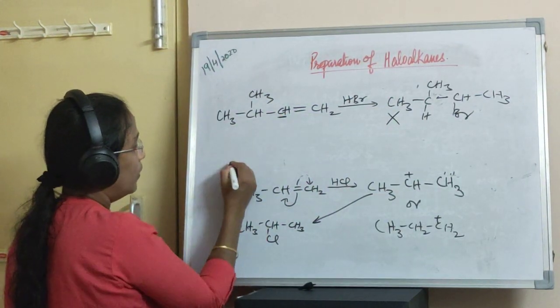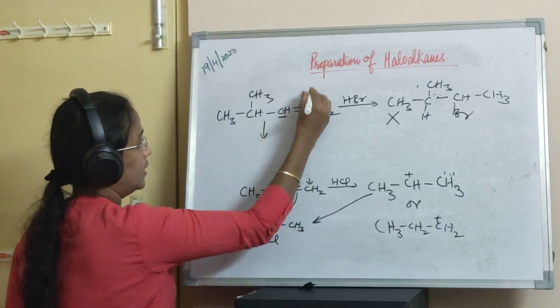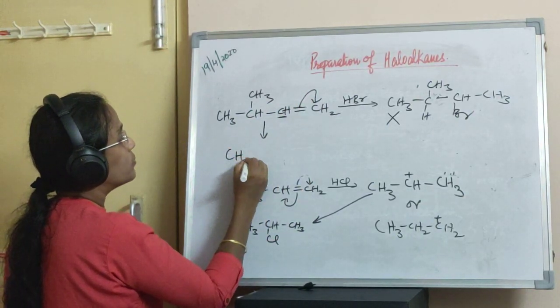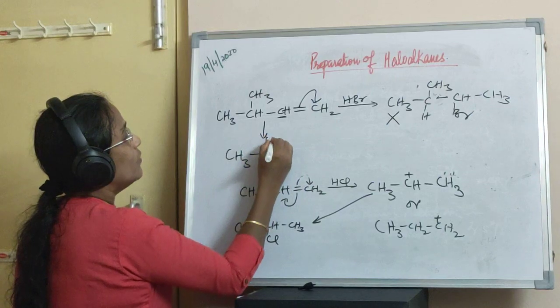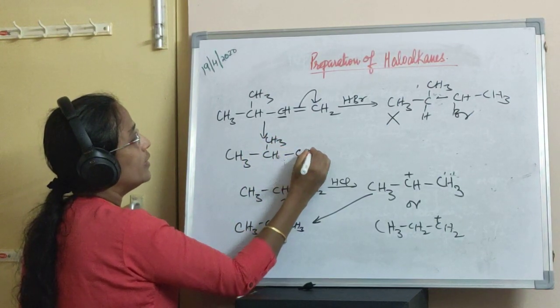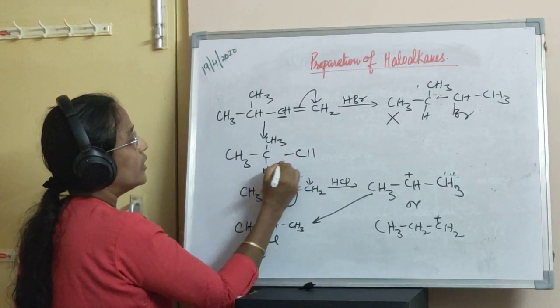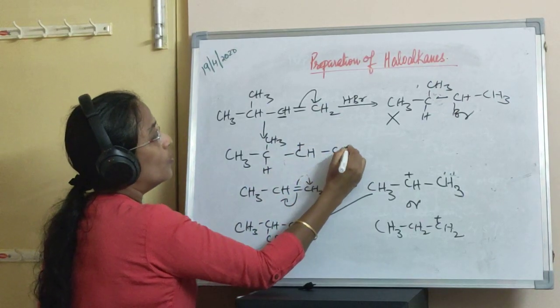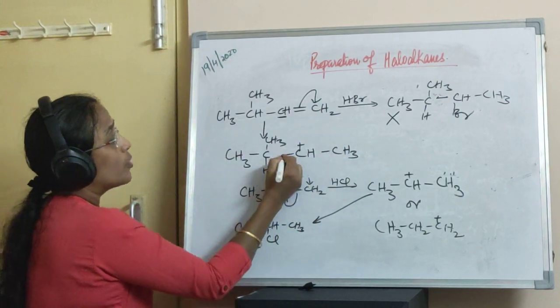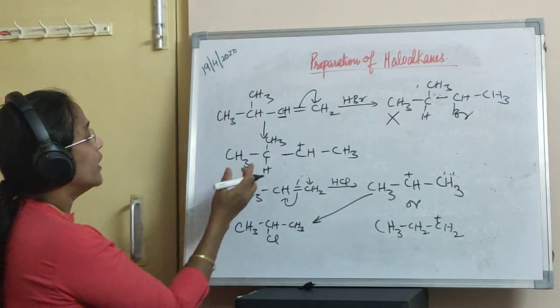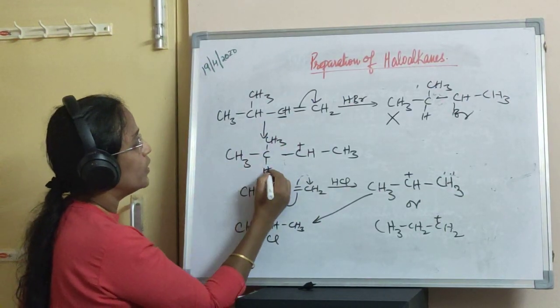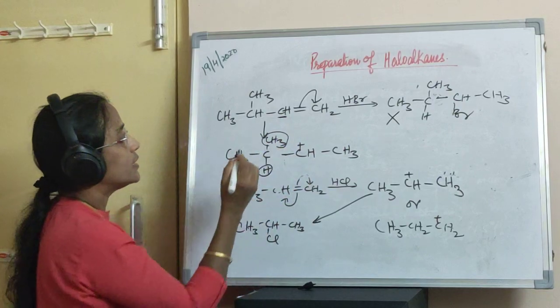So how can we explain this? You see, if a carbocation is generated here, obviously as per the stability we can say that a secondary carbocation is generated. Now in this secondary carbocation, there is a scope: if you see the adjacent group, one H is there, one methyl is there.